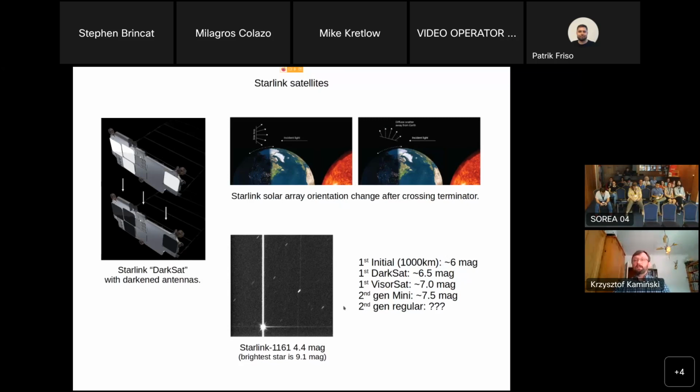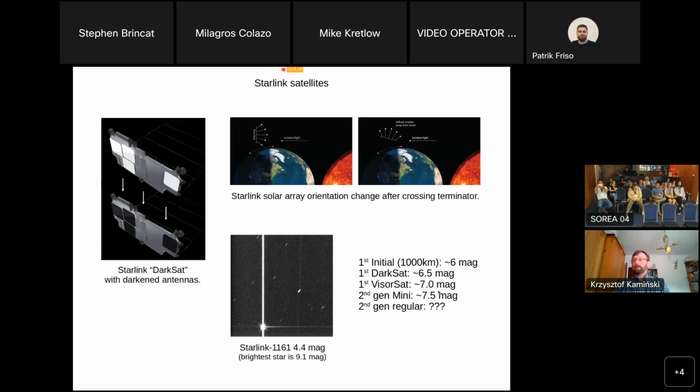And recently, a second generation of Starlink satellites has been announced. They will be significantly larger, so potentially brighter. But fortunately, because of all those measures, the brightness will hopefully be kept in check.